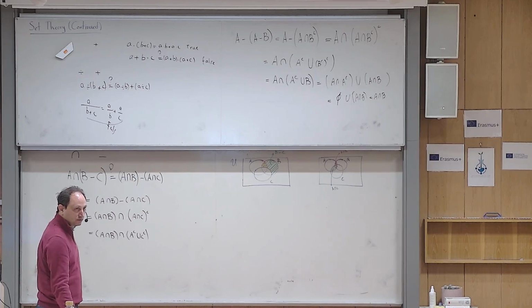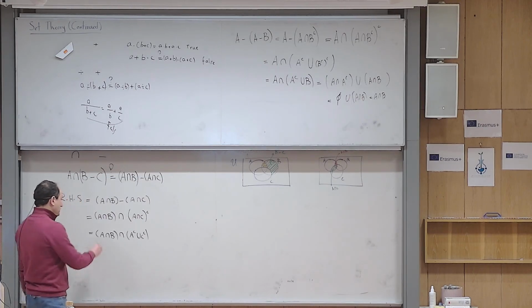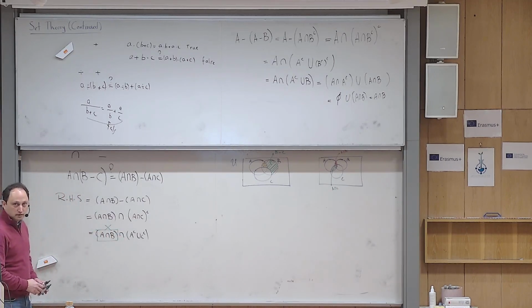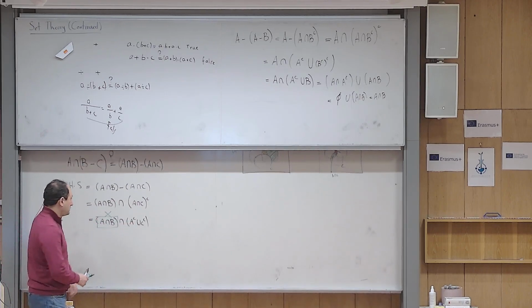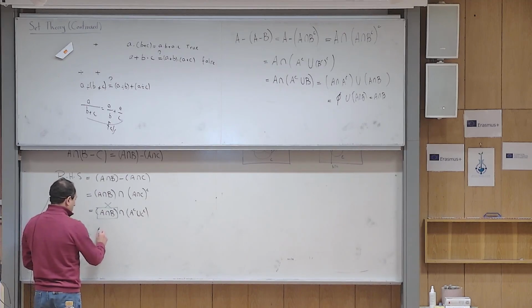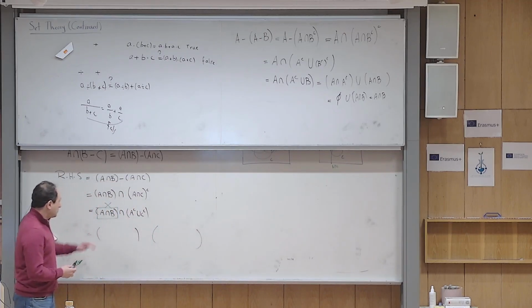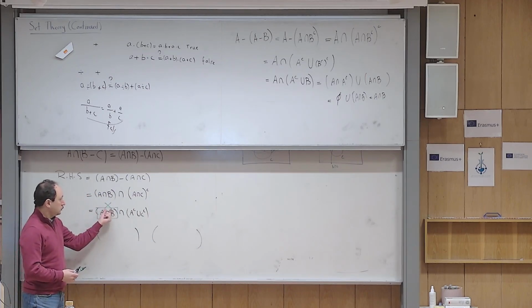How? The first set A intersection B. Exactly. So what you are thinking is taking this in your head to be one set. And then you can distribute. Yes? So then it becomes, let me just ask your help. So I took this in my head to be one set, and then everything is in order.